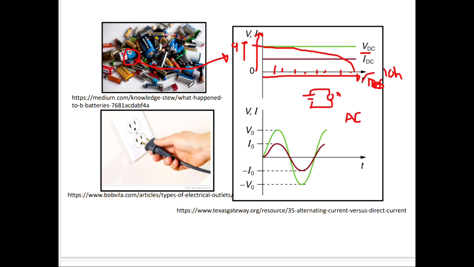We've all experienced that. Well, that's a variable voltage, and that's a form of AC. A form of it. Not what we're going to talk about. Meaning that if that battery was placed across that light bulb over 10 hours, the current that flows initially is going to be about the same.